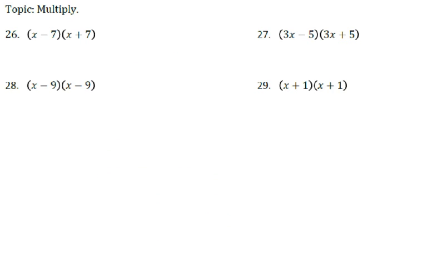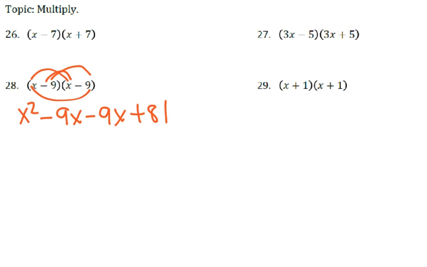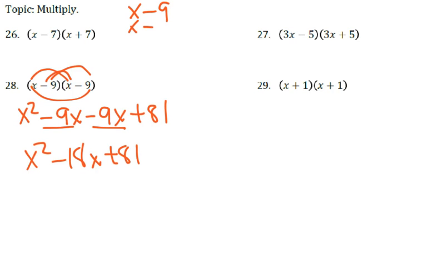So let's do number 28 as well. FOIL, x times x is x squared. x times negative 9, negative 9x. Negative 9 times x, negative 9x. Negative 9 times negative 9, positive 81. Combine those, x squared minus 18x plus 81. Okay, if you're using the multiplication method, x minus 9, x minus 9.